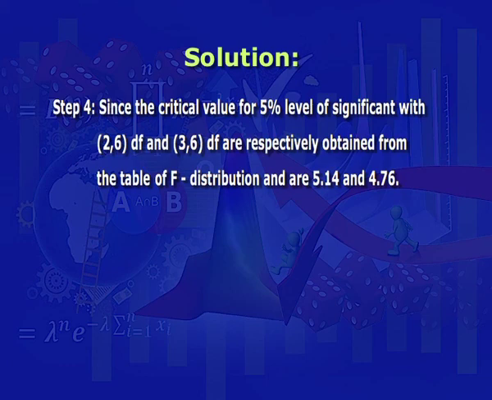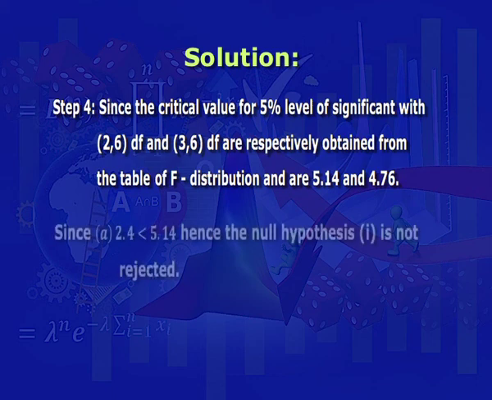In step 4, the critical values for 5% level of significance with 2 and 6 degrees of freedom and 3 and 6 degrees of freedom, respectively obtained from the table of F distribution, are 5.14 and 4.76. Now we take a decision. A. 2.4 is less than 5.14, hence the null hypothesis 1 is not rejected.